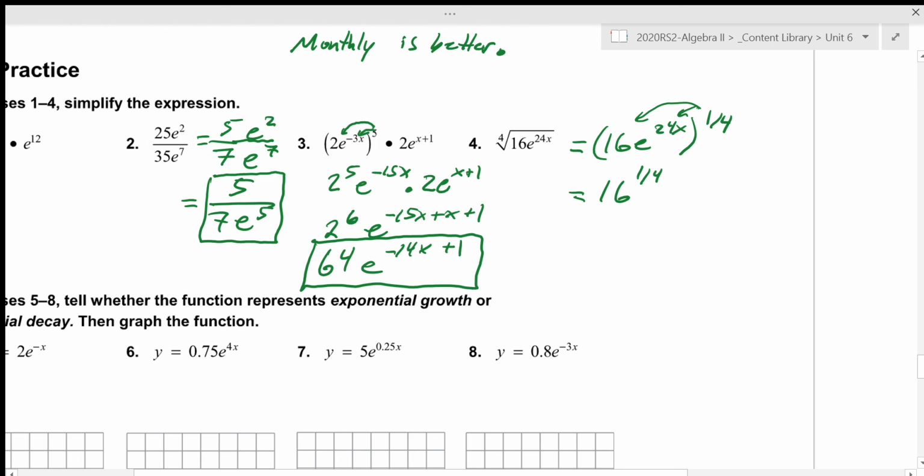That's 16 to the 1/4, e to the 24x times 1/4. And 16 to the 1/4 power is something you can do on the calculator. It's just 2. And then 24 times the 4th, that's like 24 divided by 4. So that is 6x.